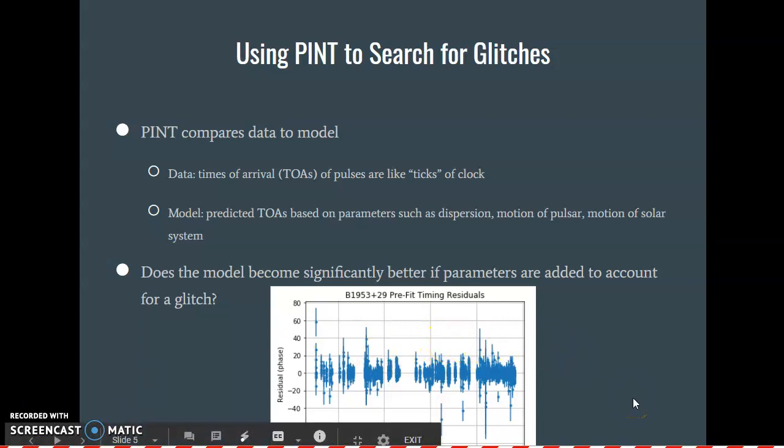So if the model fits the data very well and we know what is happening, we would get something like this particular residual, where everything in it kind of hovers around 0.